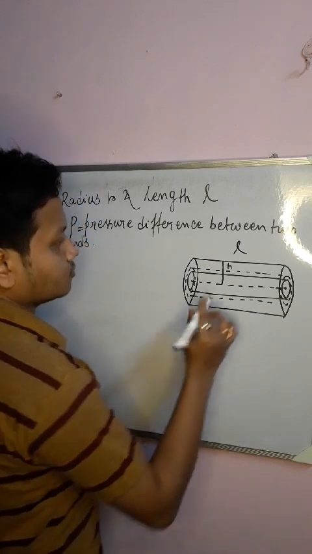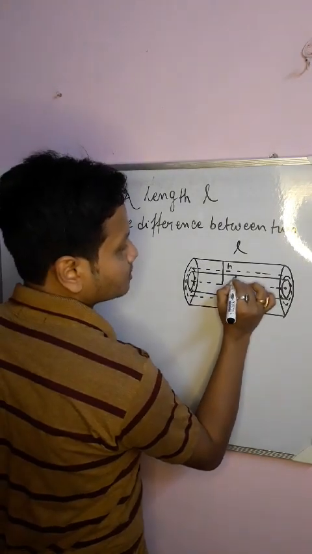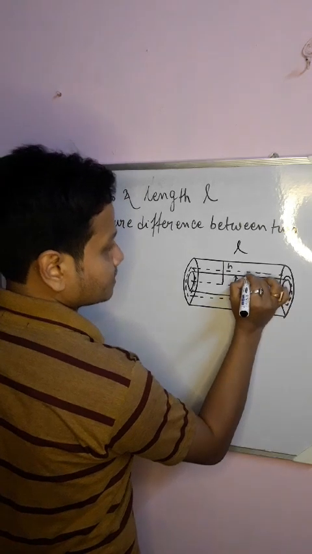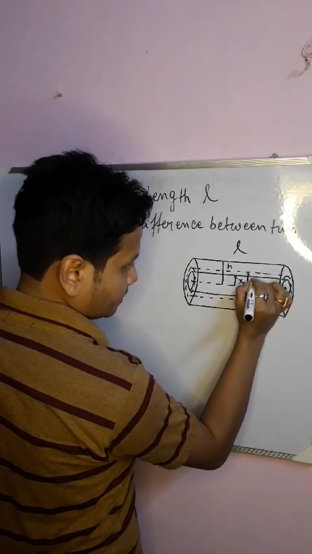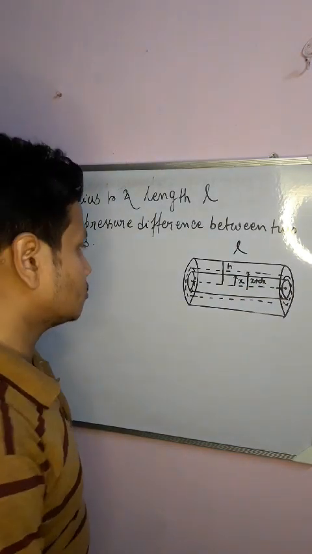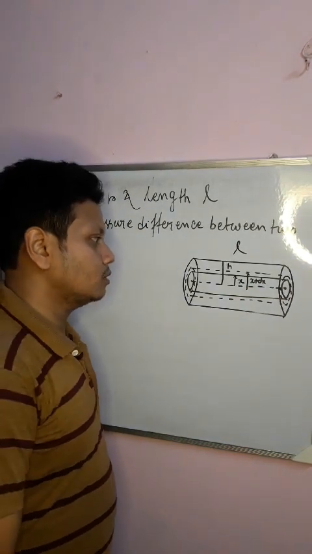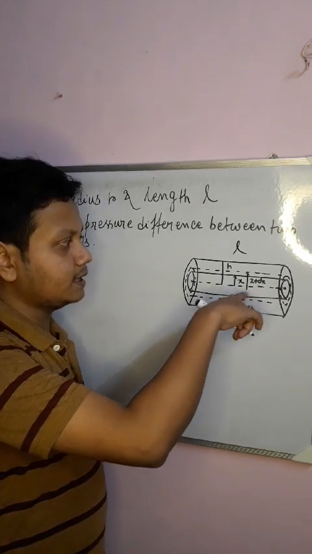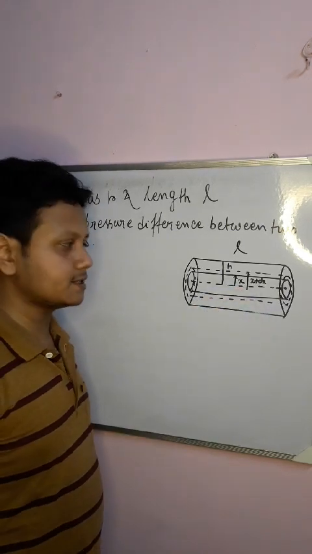Suppose the inner coaxial cylinder is of radius x and the outer coaxial cylinder is of radius x plus dx. So we draw two concentric inner cylinders of radius x and x plus dx.